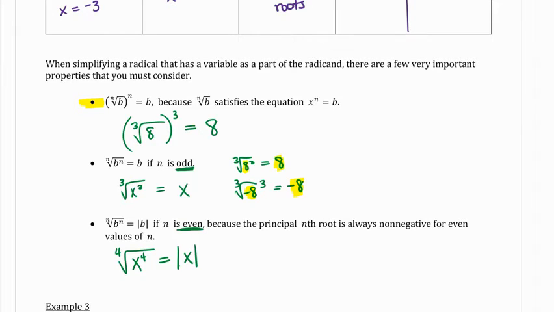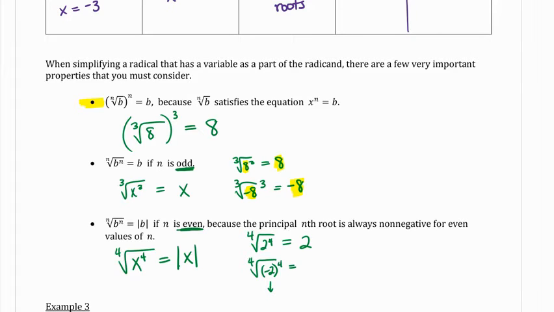If I were to do the fourth root of 2 to the fourth power, well, this one works just fine. 2 to the fourth power is 16, and then the fourth root of 16 is 2. Now, if I do the fourth root of negative 2 to the fourth power, well, when I do negative 2 to the fourth power, I'm multiplying something times itself an even number of times, which means I'm going to end up with a positive number.